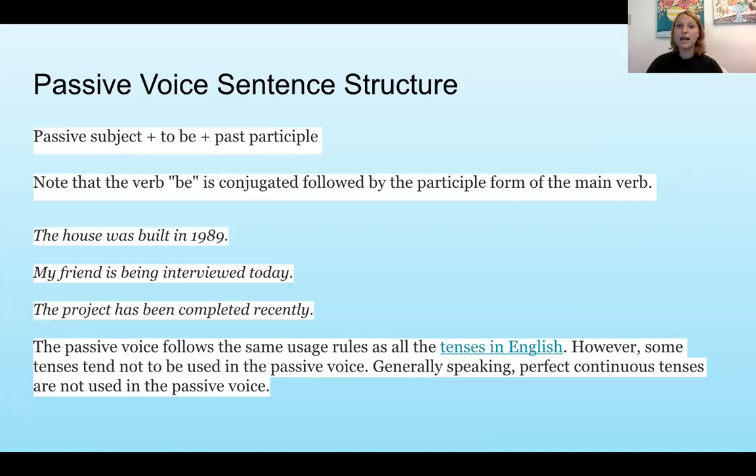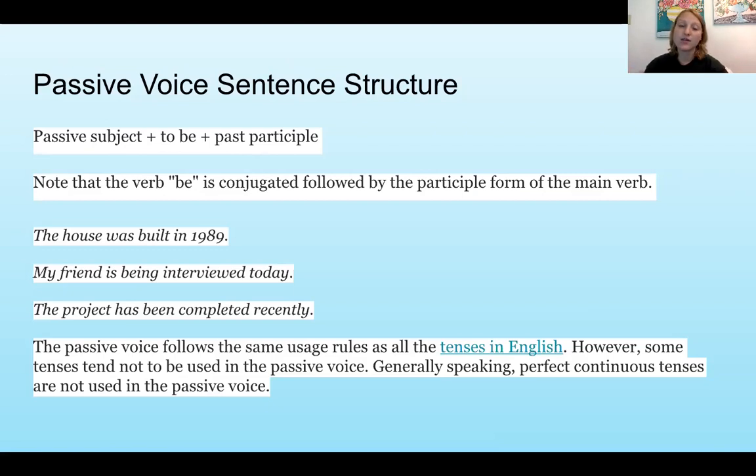All right, passive voice sentence structure. So when you have a passive subject, object, plus to be, plus the past participle, you guys know how much I enjoy making these into formulas, that's going to be a telltale sign that you have a passive voice.